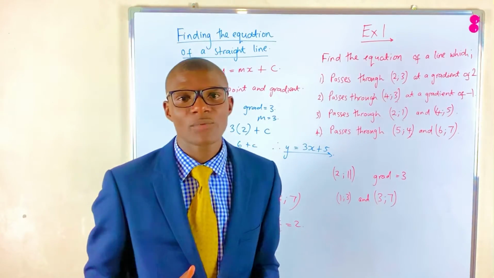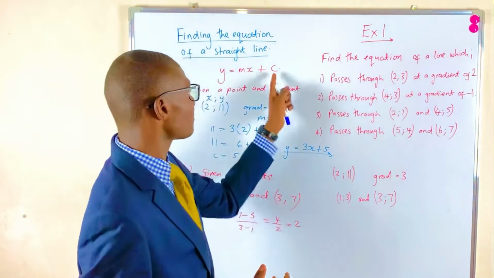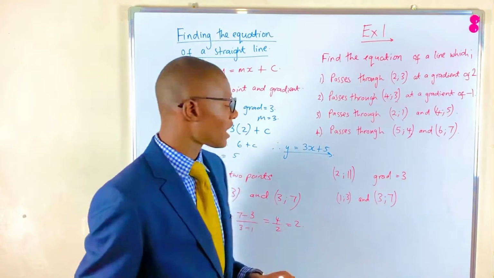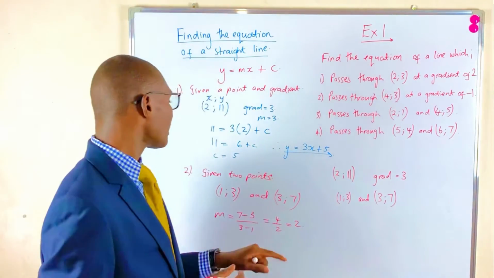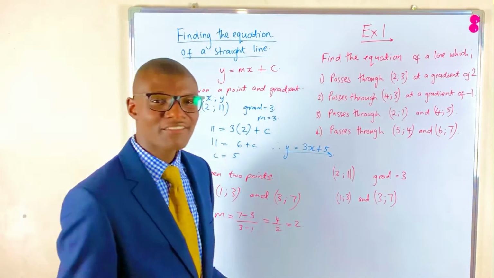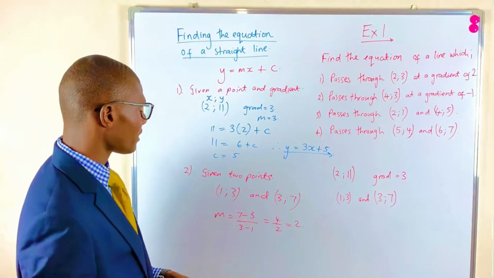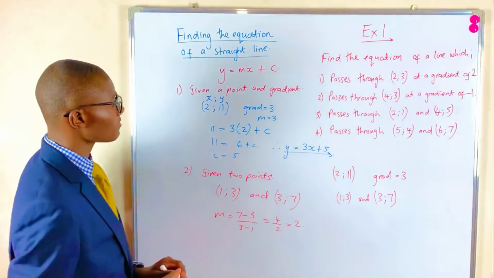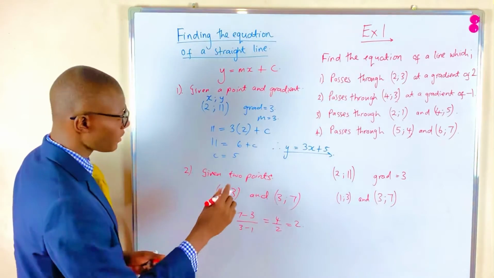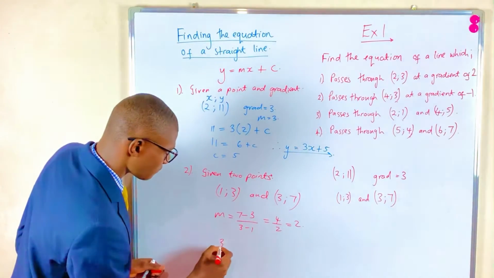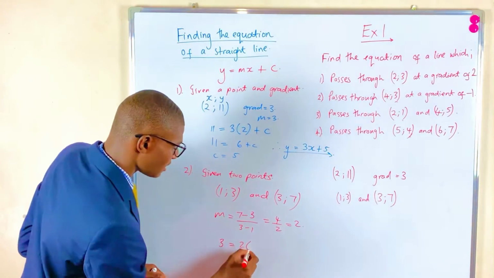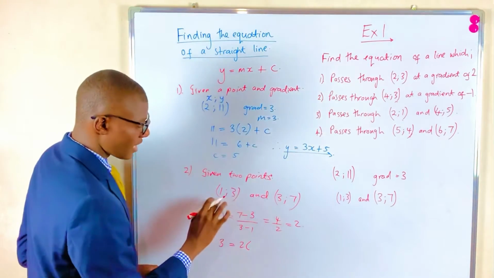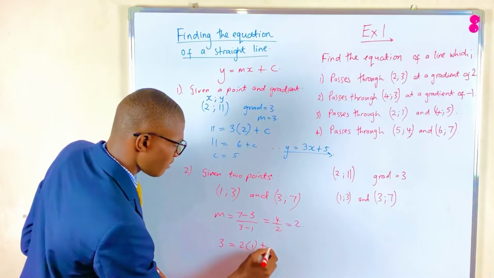Next task, we need to calculate the y-intercept, which is c. Given 2 points, we can use either of these points, and we will still get the same value of c. So let's say we pick the first point. We're going to substitute y with 3, and then our m, we calculated it as 2, times x being 1, plus c.